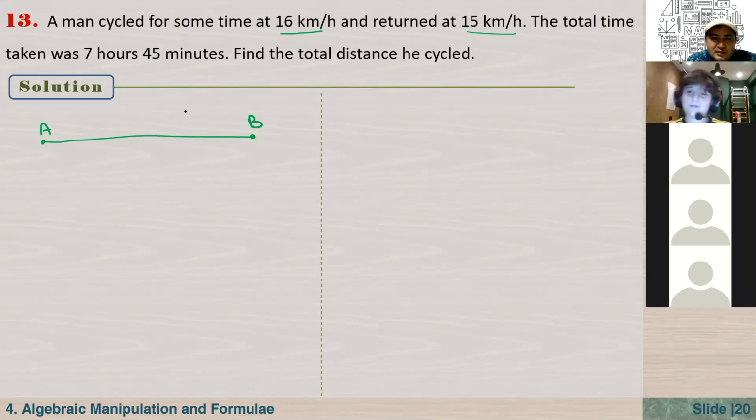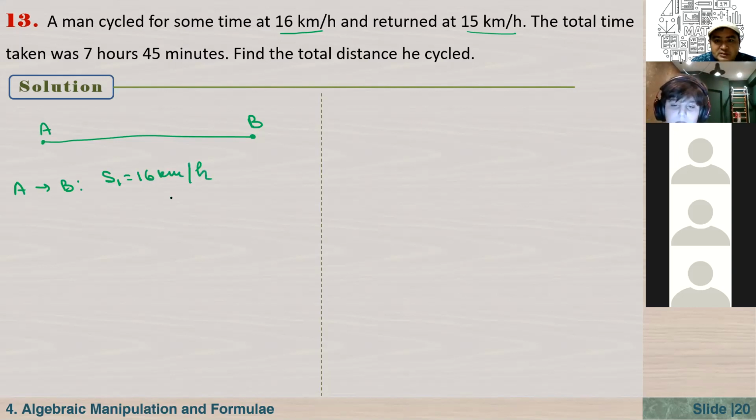So from A to B, he cycles for some time at 16 kilometers per hour and returns at 15 kilometers per hour. Let's say from home to school, school to home. When he is traveling from A to B, what is given here? His speed, let's say it is S1, that is 16 kilometers per hour.